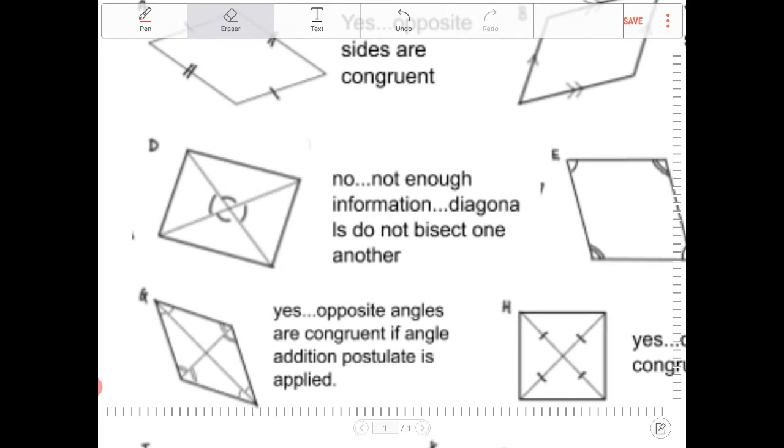D is where things begin to get a little more interesting. The diagonals intersect one another, and we end up with the diagonals forming two pairs of vertical angles, all of which are congruent to one another. What that implies is we end up with 90, 90, and 90, since all of them are the same. This is not a parallelogram.